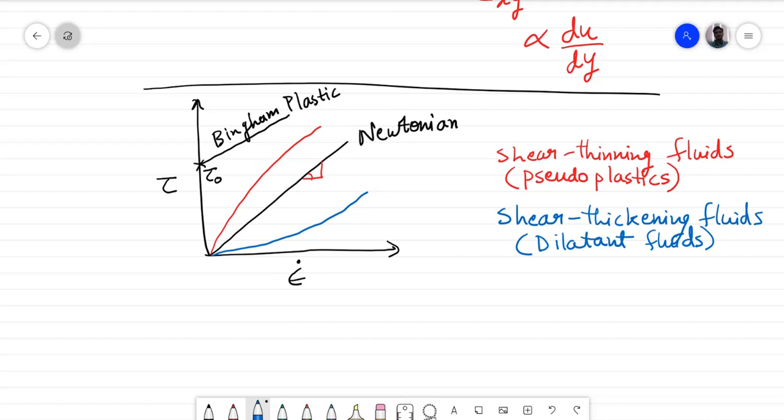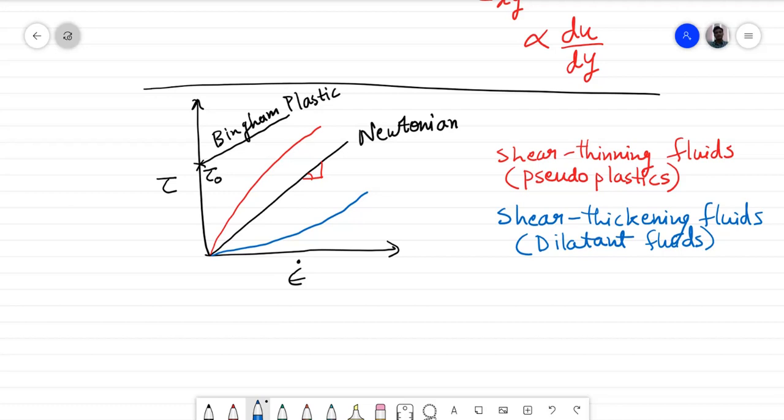So the shear thickening fluids, if I have to give some example, corn starch is a shear thickening fluid. You might have seen some videos or might have experimented with this.